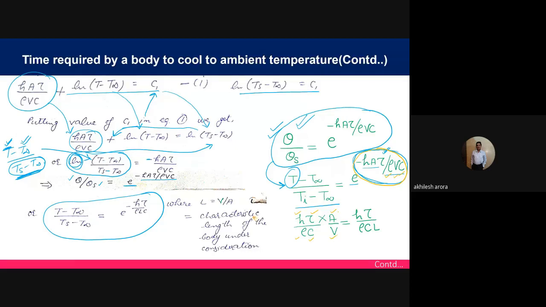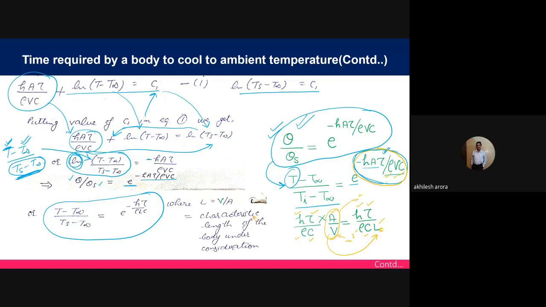Now if you see here, this is area per unit volume. Area has the units meter square, volume has the units meter cube. So when we divide it, we get the term in the form of length. So h and tau were already there, rho and c are also there, and this a by v is now written as L, and this L is sometimes written as LC.